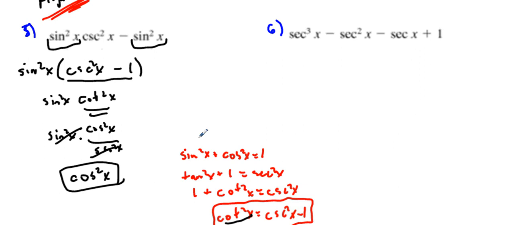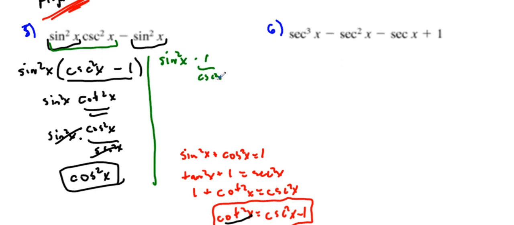Now, some of you might be saying, I see another way of doing this, and maybe it's a little bit easier. Sine squared of x times cosecant squared of x, well, cosecant is 1 over sine, so cosecant squared of x is 1 over sine squared of x. Sorry, I apologize.